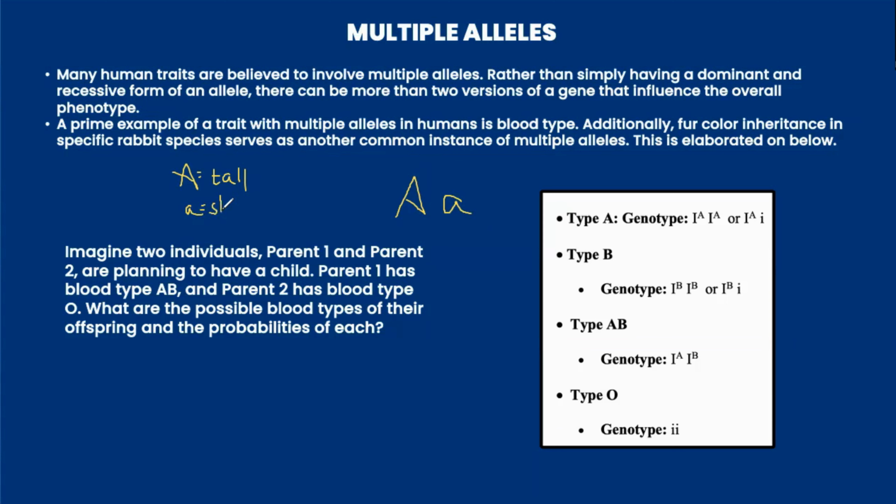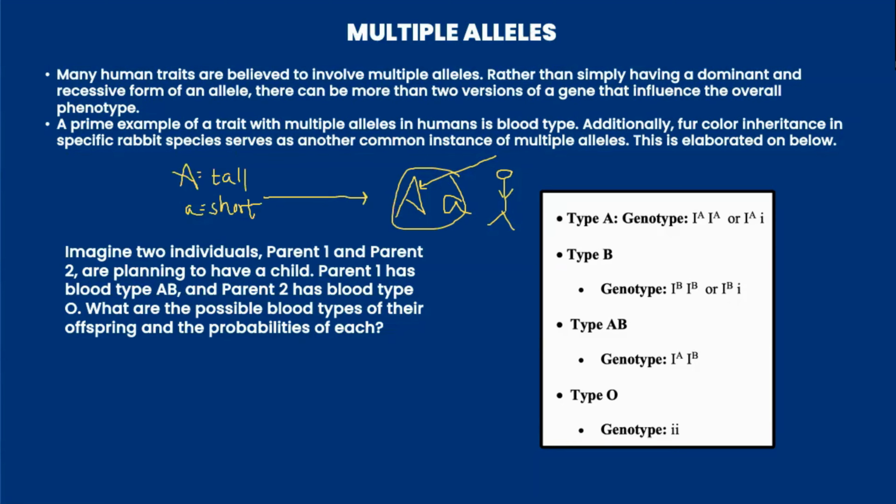We noted that if there was a heterozygous combination with big A, little a, in the way that we talked about it for section 5.3, the capital A would be taking over. So phenotypically, the individual would look tall versus short. It's sort of like the little a is ignored.